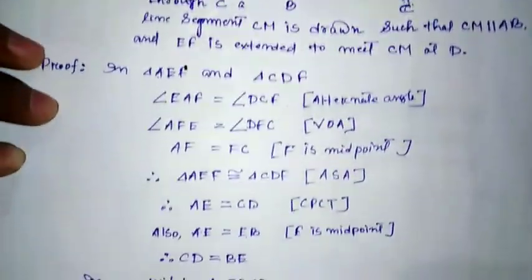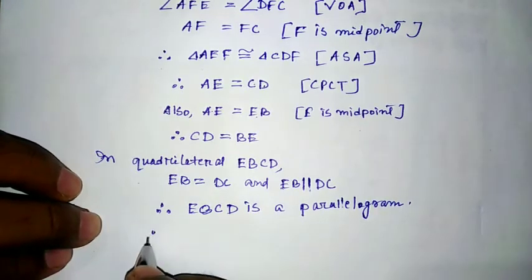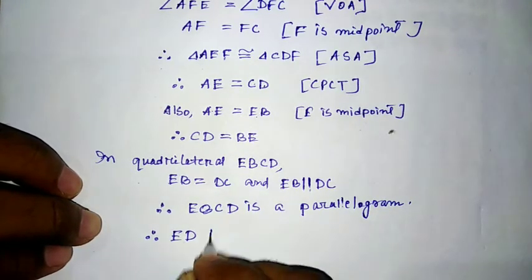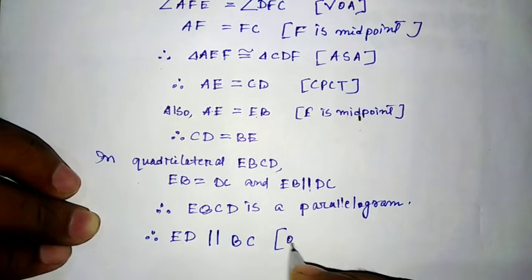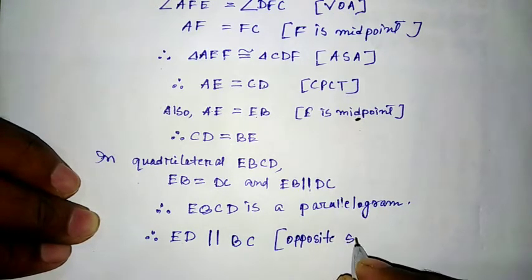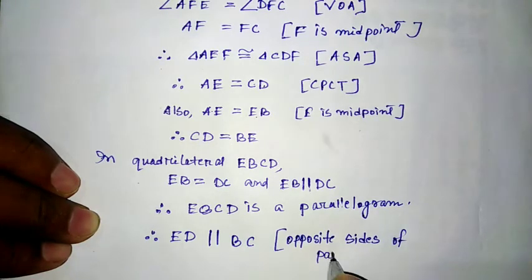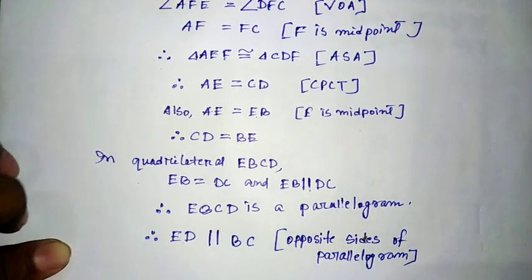So right, therefore we can write ED is parallel to BC because opposite sides of a parallelogram are parallel. No?